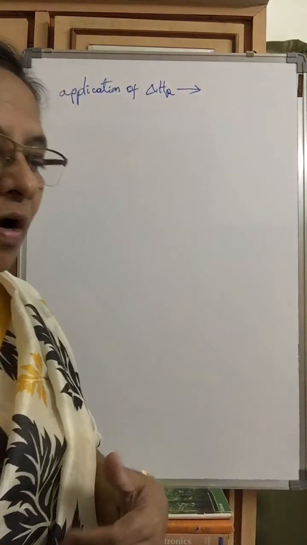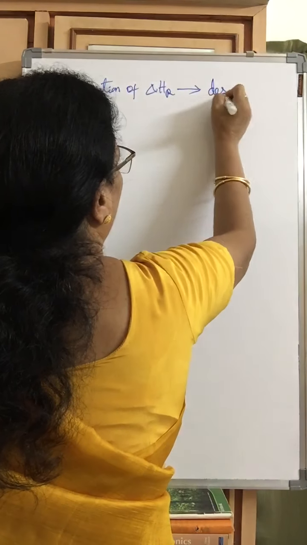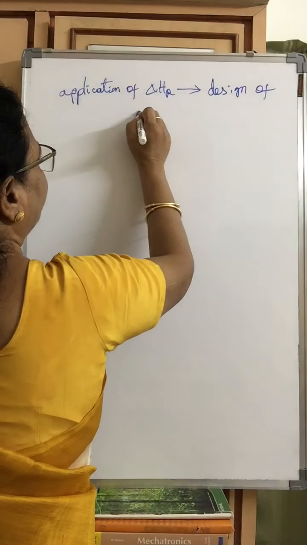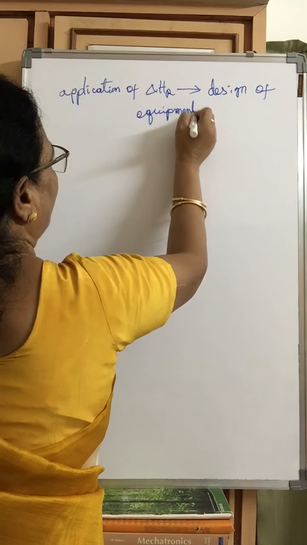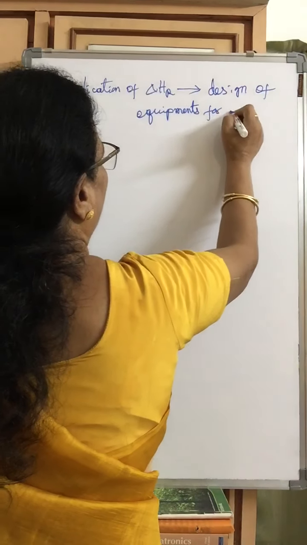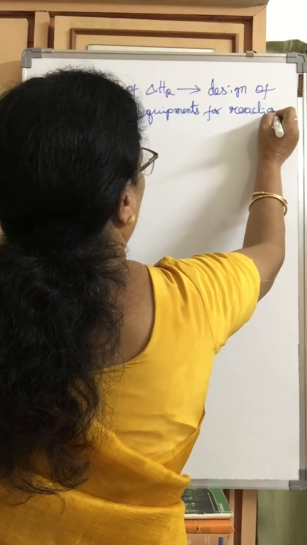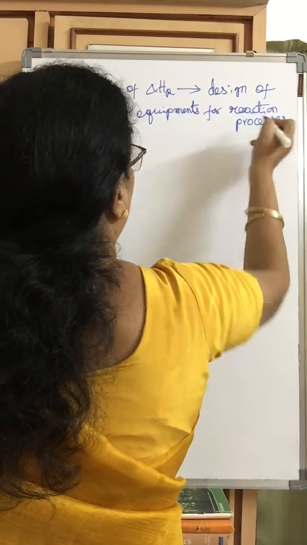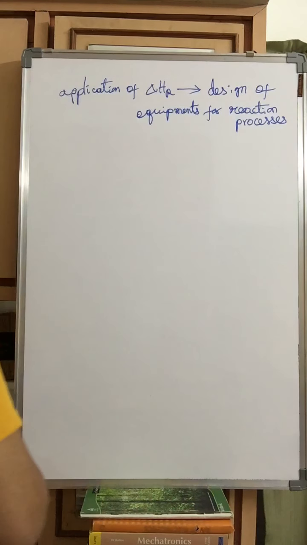Okay, so then how to design the equipment, design of equipment for a reaction process. That is why delta H information is needed, we should know what is the amount of energy that is involved.